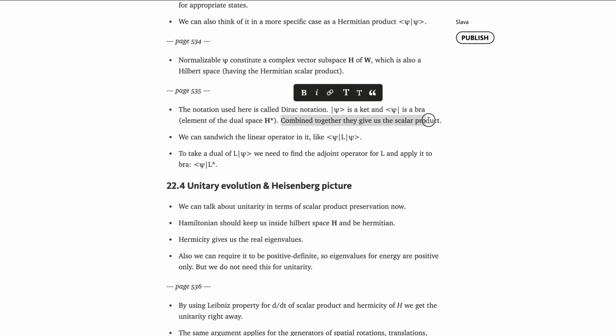So we obtain the Hermitian product using those, the same way one-forms were applied to vector fields, for example. And we can also sandwich linear operators inside those, like this.